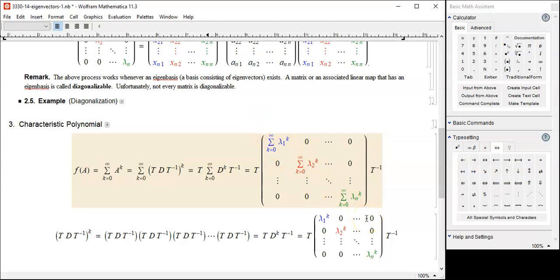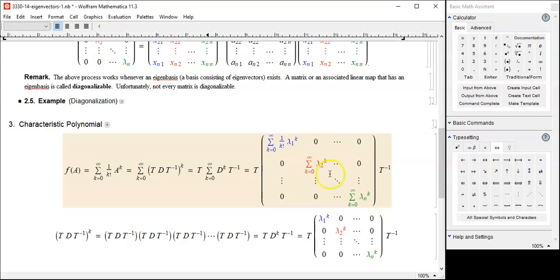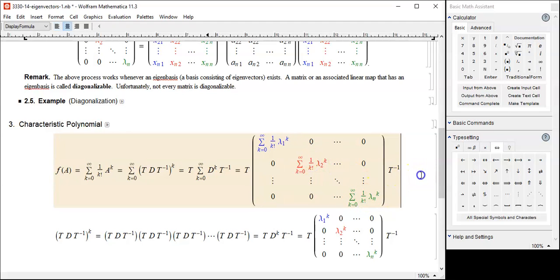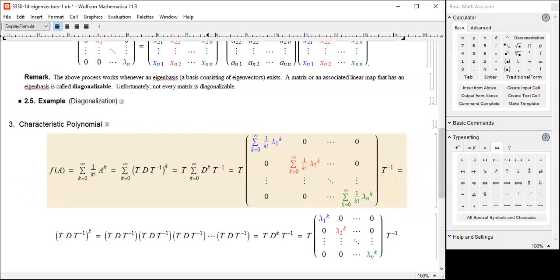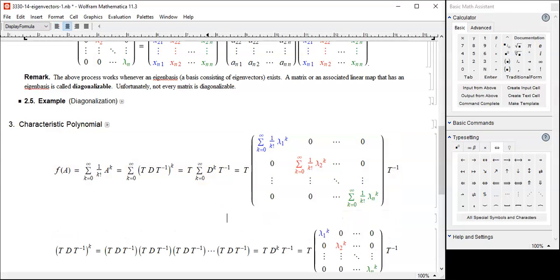For example, if we have an exponential expression, so for example, 1 over k factorial like this, then this is nothing more than 1 over k factorial goes over here, goes over there, goes over there. And then what are these? This is exponential. So this is nothing more than T, I'm going to run out of space here, so let me continue here.